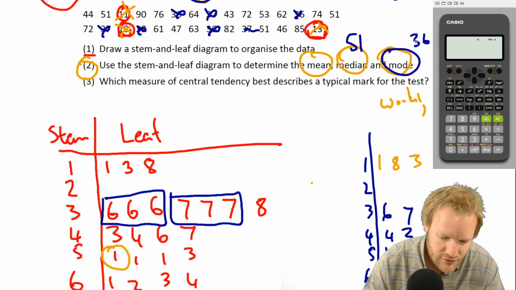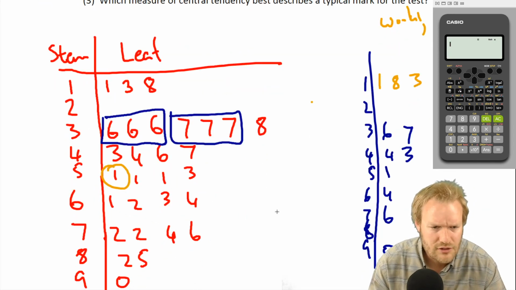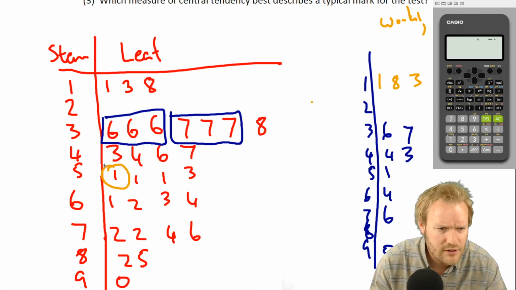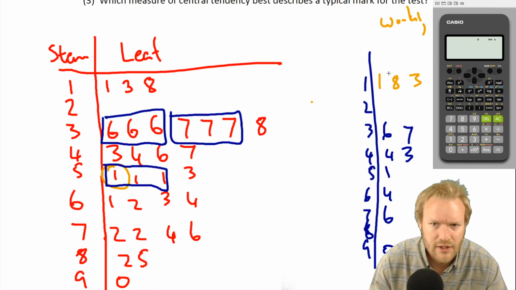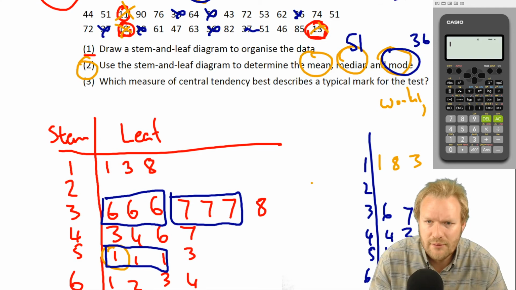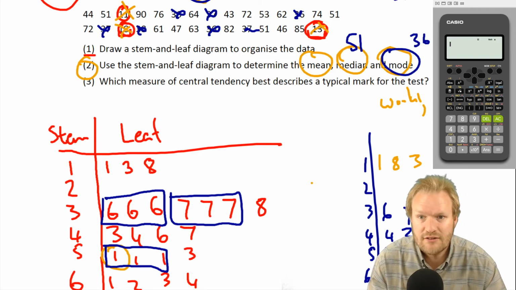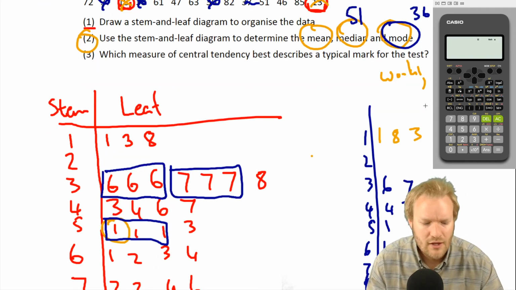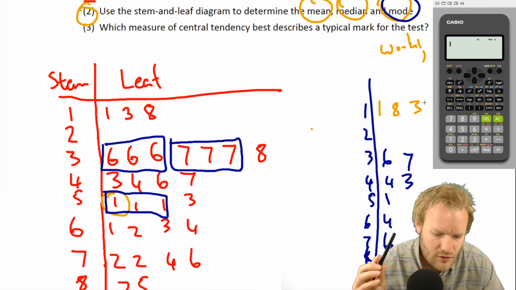It's not an average of those. It's both of those. Oh, did we miss one? We missed one as well, these 51s. So there are three modes: 36%, 37%, and 51%.